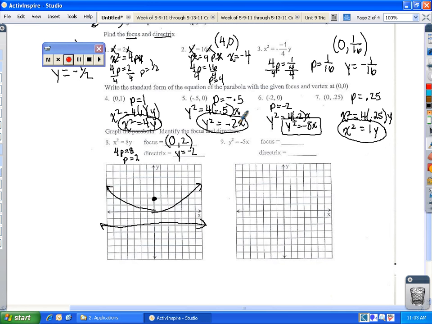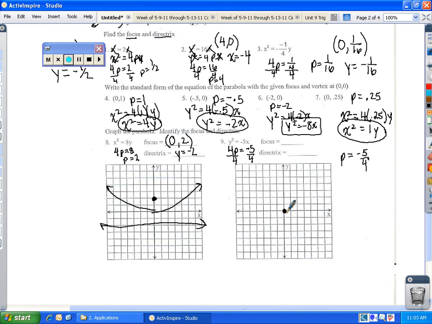Okay. This one again, 4p equals -5. Divide both sides by 4, and p is going to equal -5/4. Since this is a y squared equation, I know it's either going to go left or right. The negative tells me it's going to go left, so my vertex is always here.